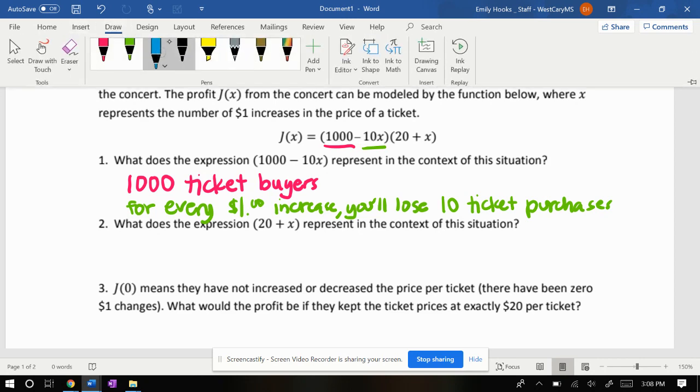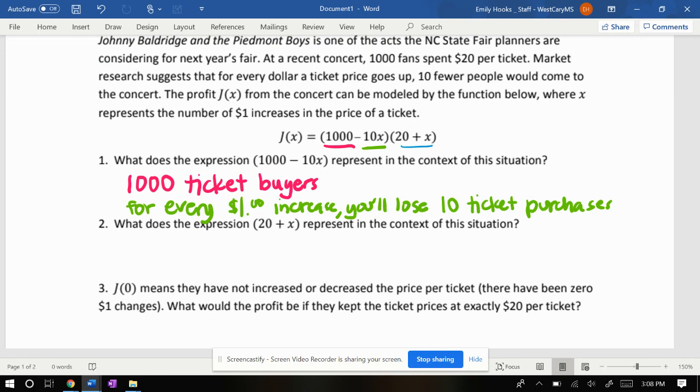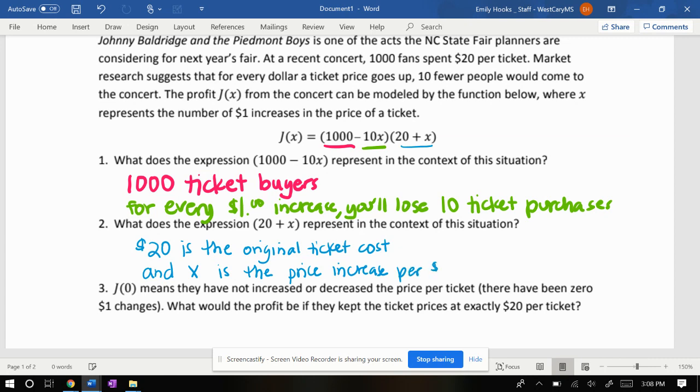I'm going to choose a different color. 20 is the original ticket cost, and x is the price increase per $1. So we'll do some examples down below.